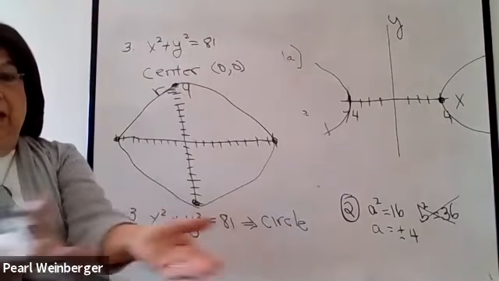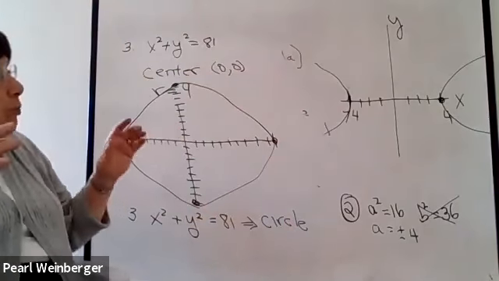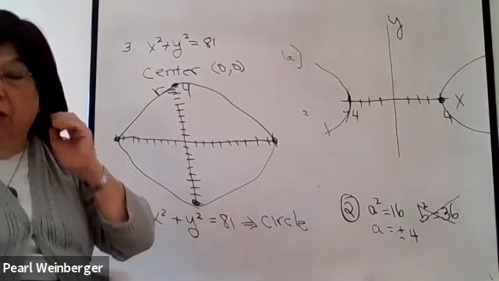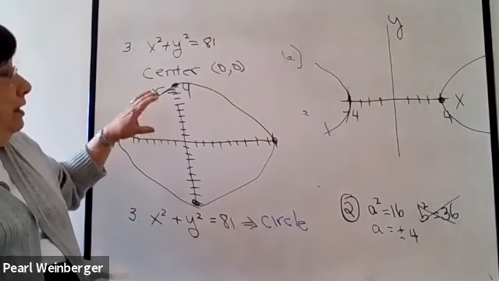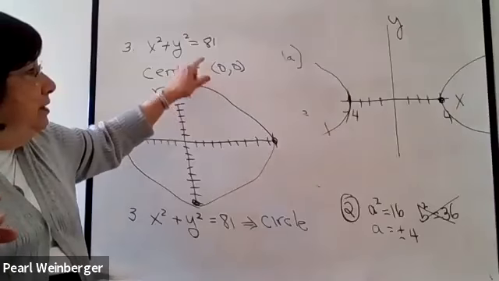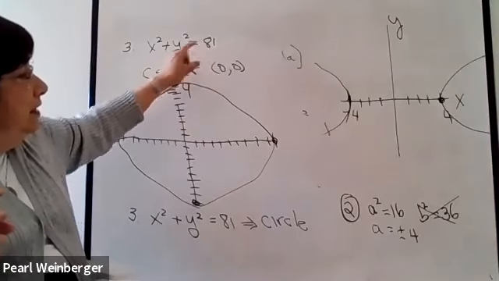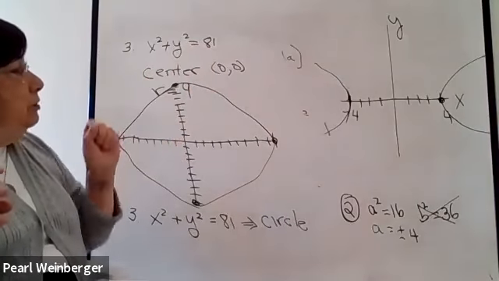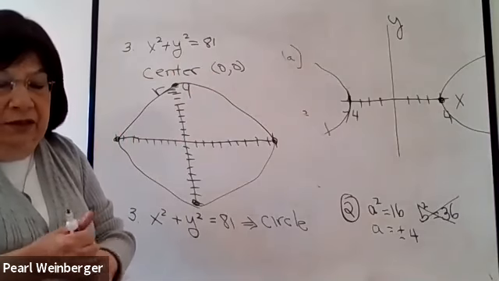It would be more oval shaped, and that's what happens when you go from a circle to an ellipse. So this is a circle whose radius is 9, and the origin is its center.